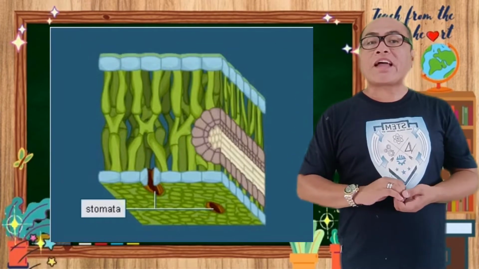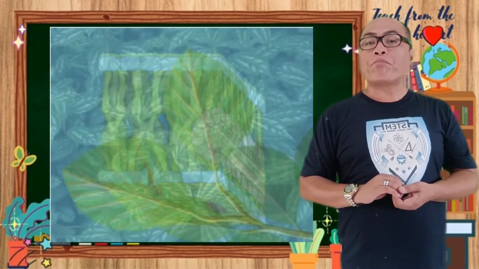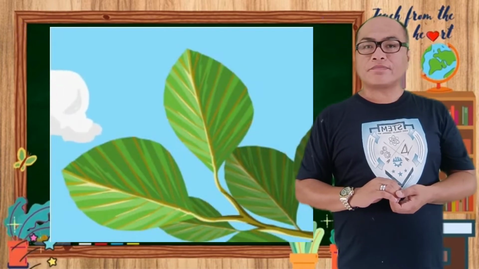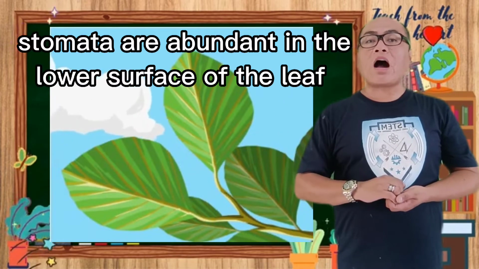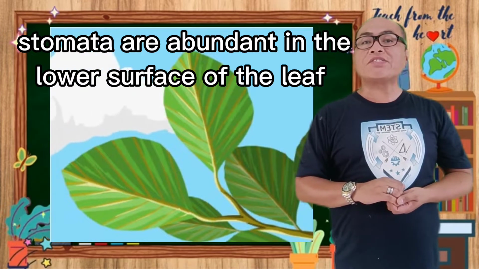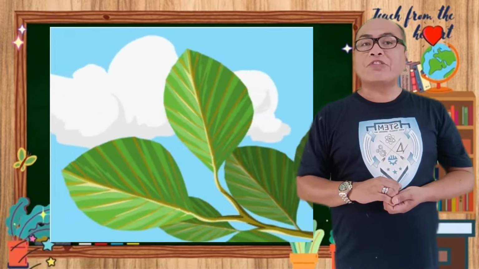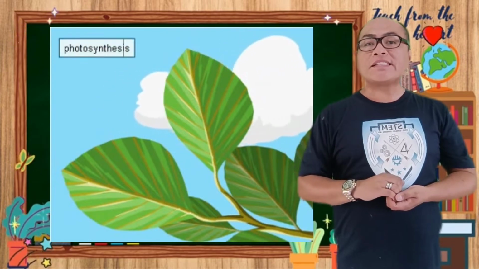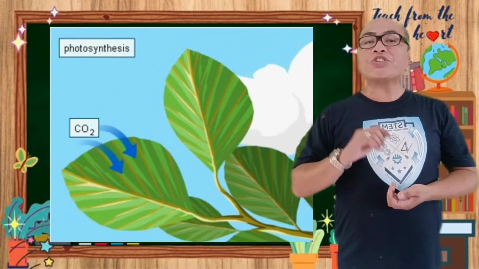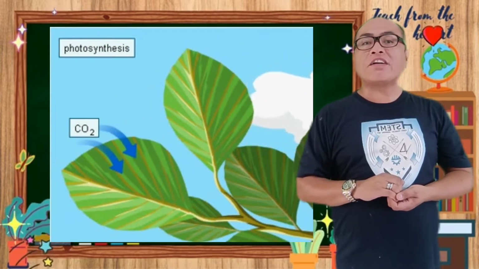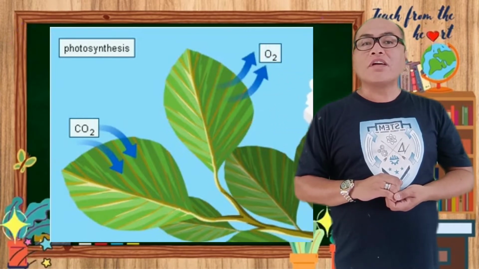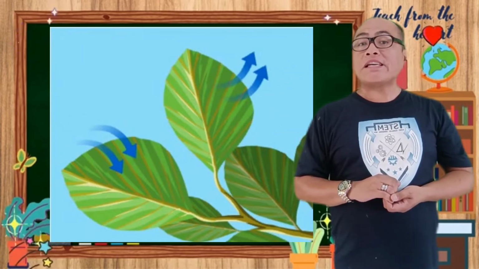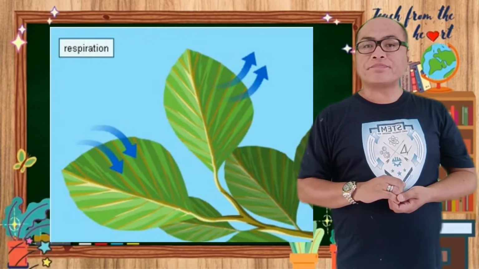These two cells are attached together at the end of both cells. Stomata are abundant on the lower surface of the leaf, and they normally open during the day when the rate of photosynthesis is highest. Physiological changes in the surrounding guard cells account for the opening and closing of these stomata.